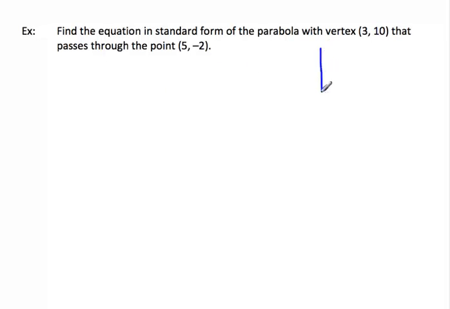So if I imagine my graph here, (3, 10) we would put up there. (5, -2) is going to be down here somewhere, so I can tell that my parabola is opening downwards. So I'm going to expect that when I solve for my vertical stretch factor, it'll be negative. This time, because we're given the vertex, we're going to write this in vertex form.